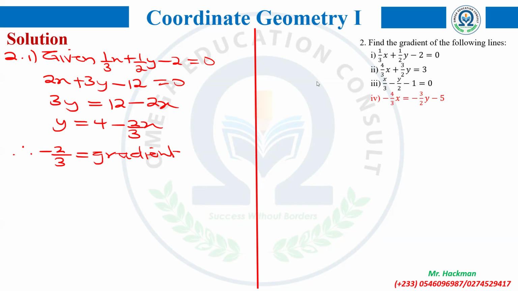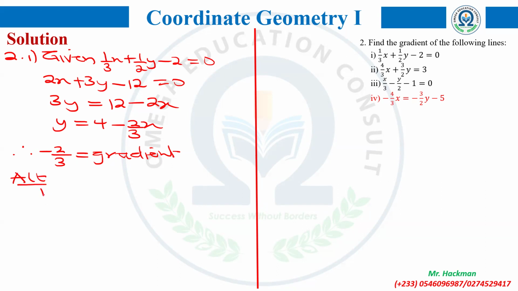Okay, so here my point is, just make y the subject. After making y the subject, make sure the coefficient of x becomes what? Your gradient. At this point, there is an alternative method, not entirely different from what we did, only that your algebra will change.